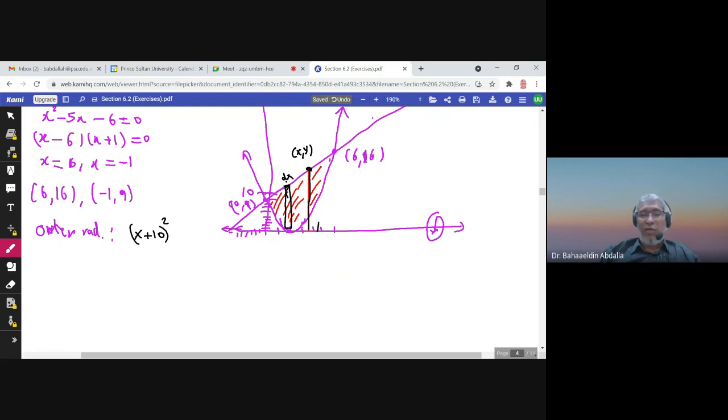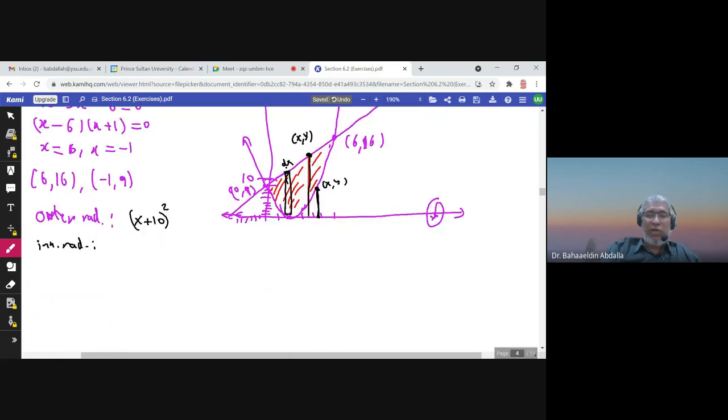and the inner radius would be the distance from here to this point. Well, again, this point (x, y), but x of the parabola and y of the parabola. So the vertical distance is just y of the parabola. So that's the inner radius. So the inner radius is (x minus 2) squared.